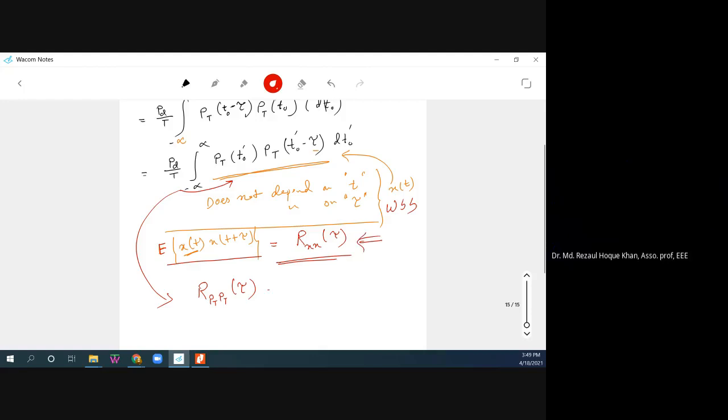So this is the autocorrelation of the pulse p(t). This is the autocorrelation function of the pulse p(t).